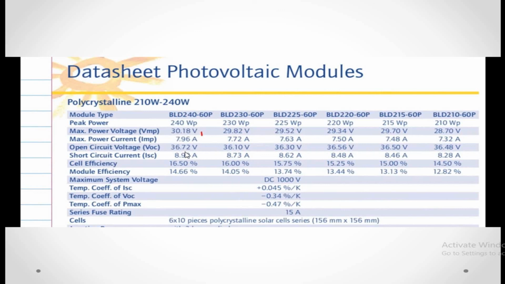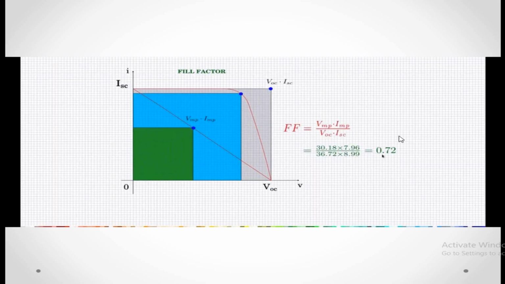By substituting these values in the fill factor equation, that is VMP into IMP, 30.18 into 7.96, divided by VOC into ISC, 36.72 into 8.99, you get the fill factor of the given PV cell. Let me show you. Here I am substituting VMP, IMP, VOC and ISC from the data sheet.